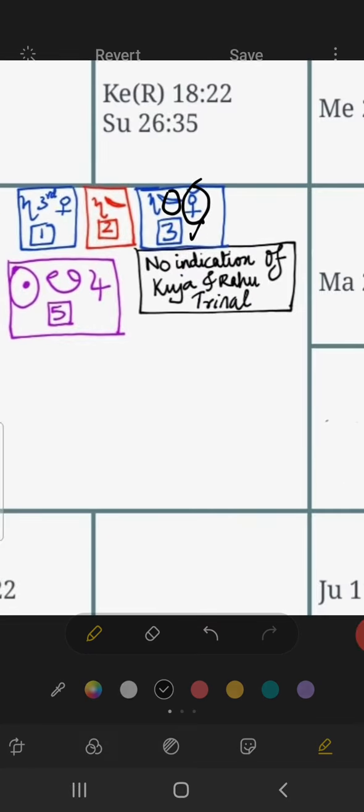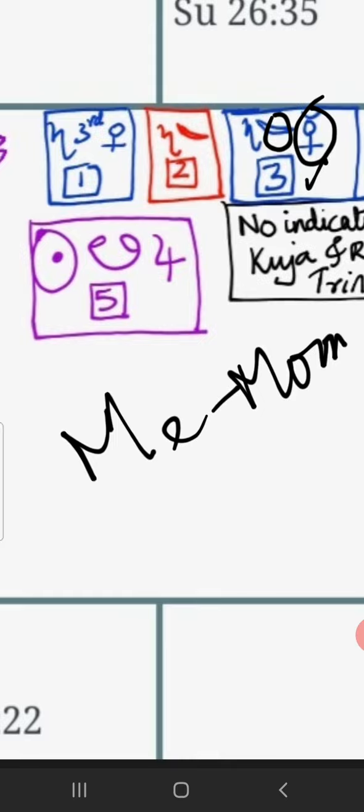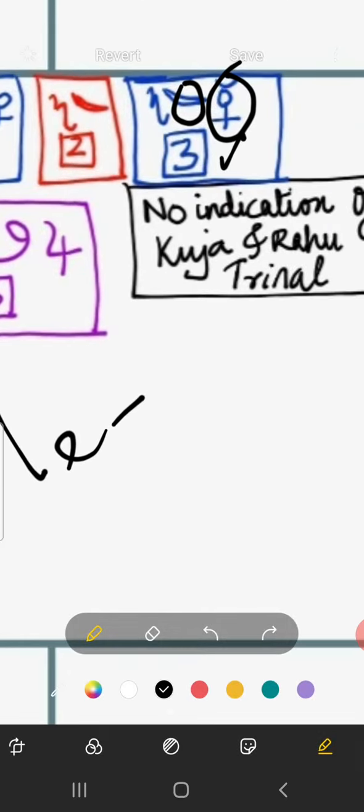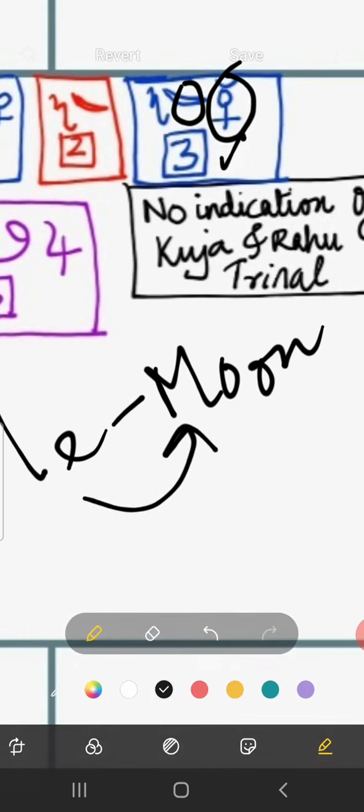Now I am 100% sure that you know what the Mercury and Moon combination is. It's not a very good combination because it can mean that the person can get cheated.